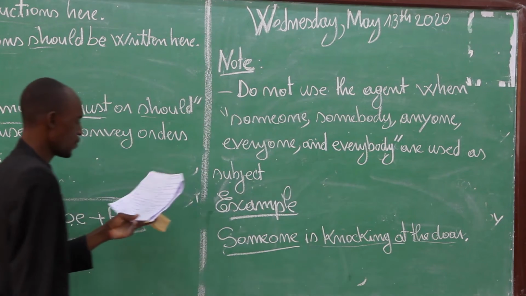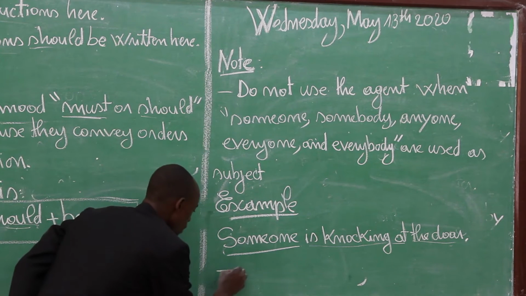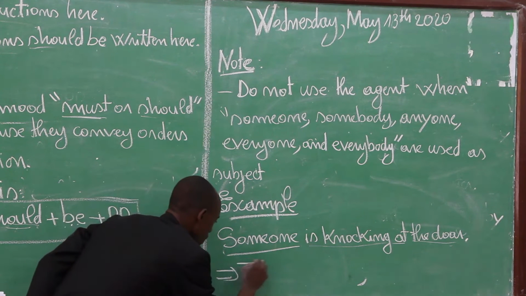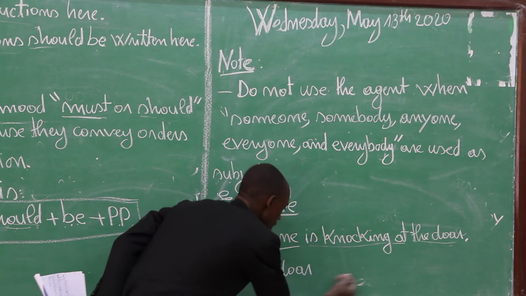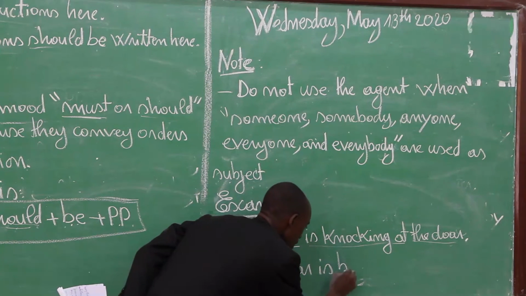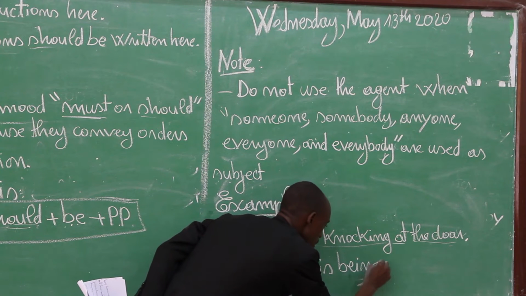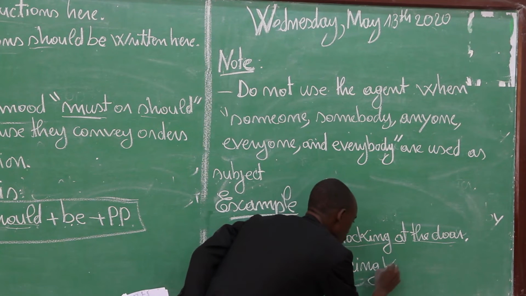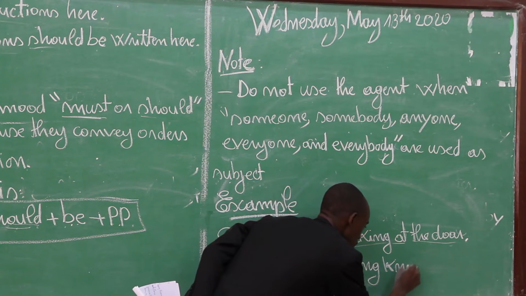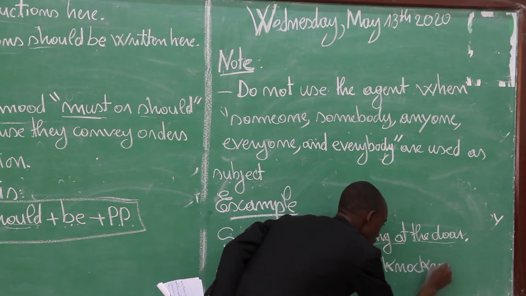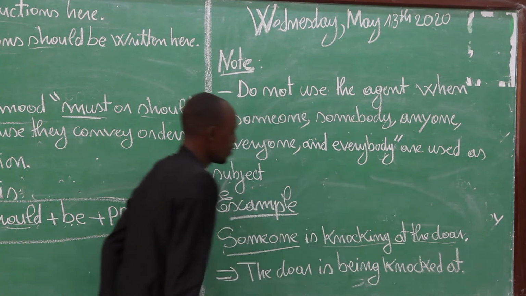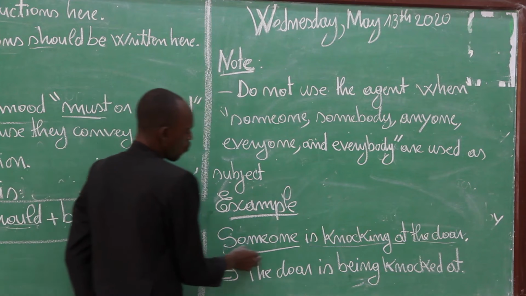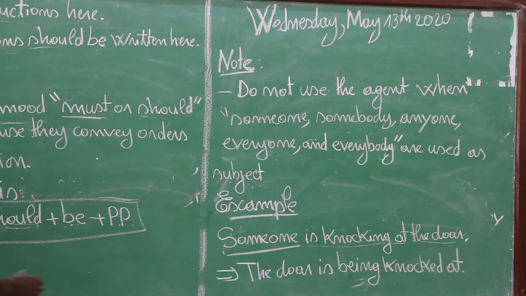And in passive voice, we say: the door is being knocked at. We stop here. We cannot use someone in passive voice as the agent.